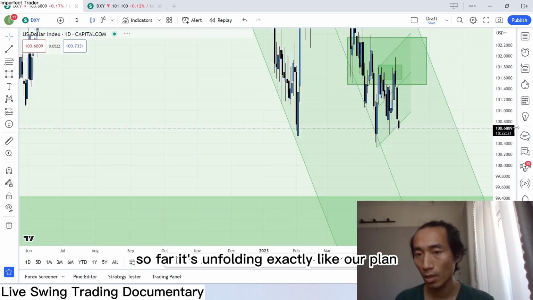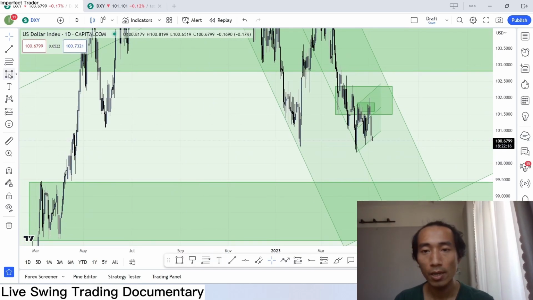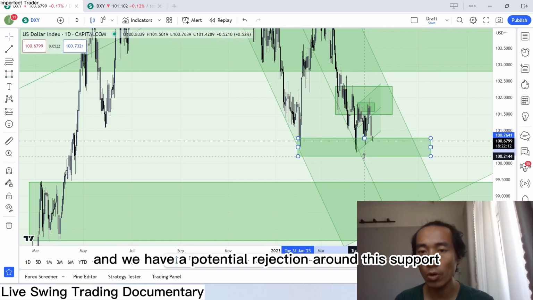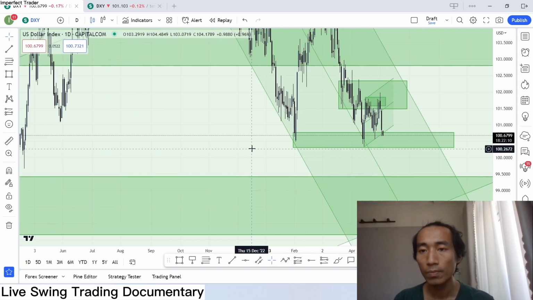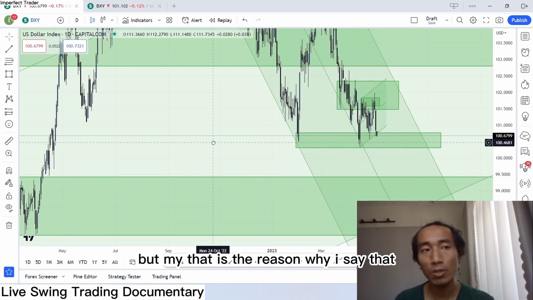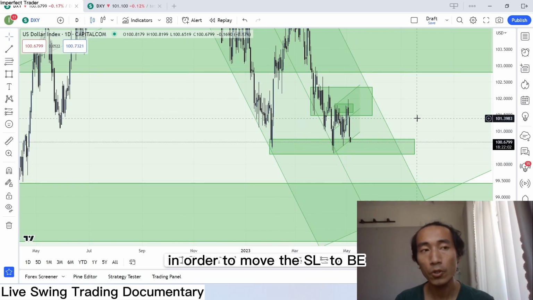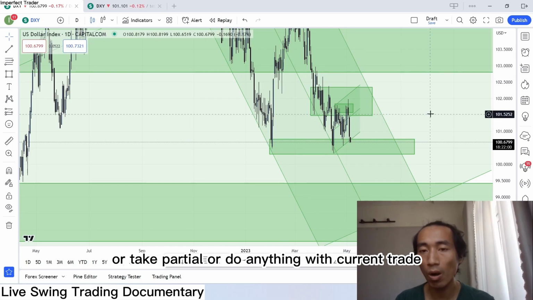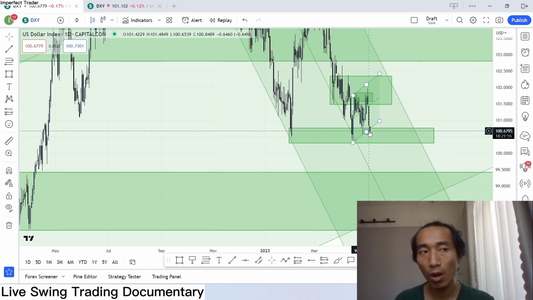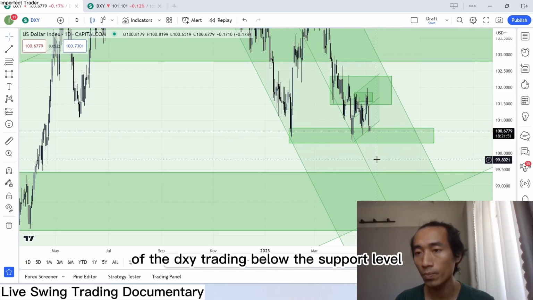So far, it's unfolding exactly like our plan, and we have a potential rejection around this support. That is the reason why, in order to move the stop loss to break even, take partial profits, or do anything with the current trade, I want to see the price of DXY trading below the support level.